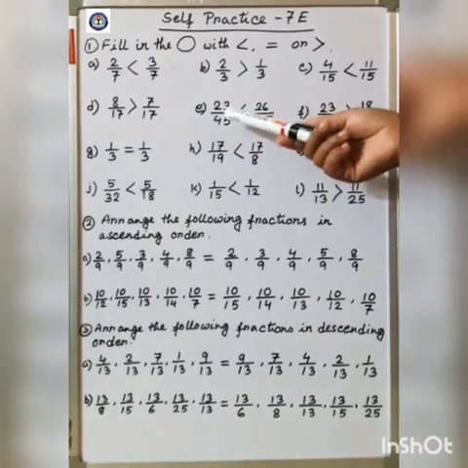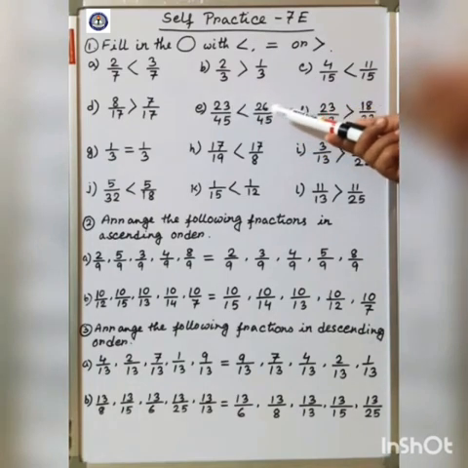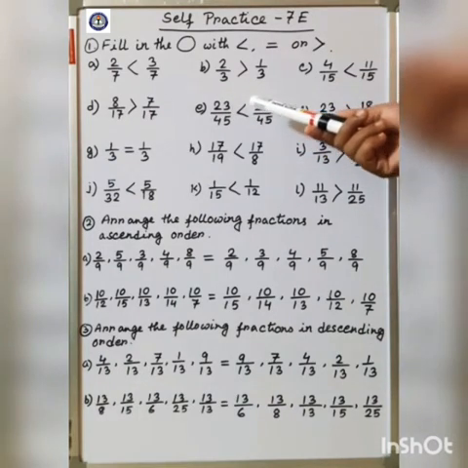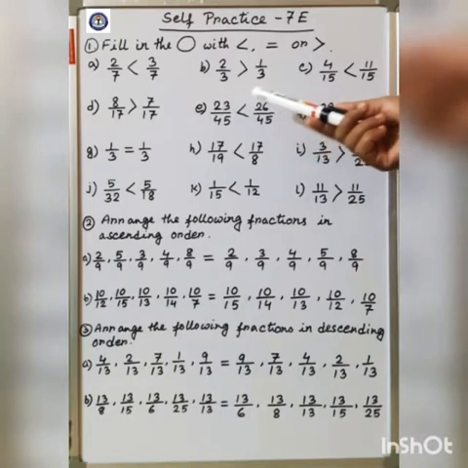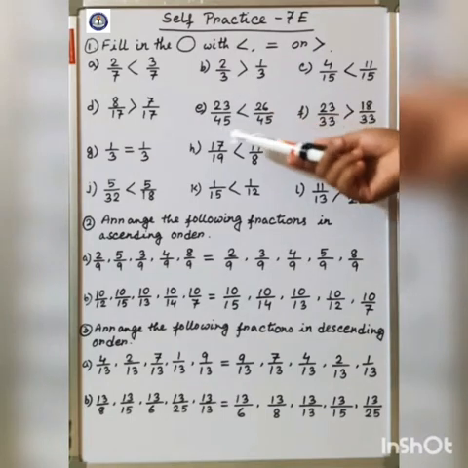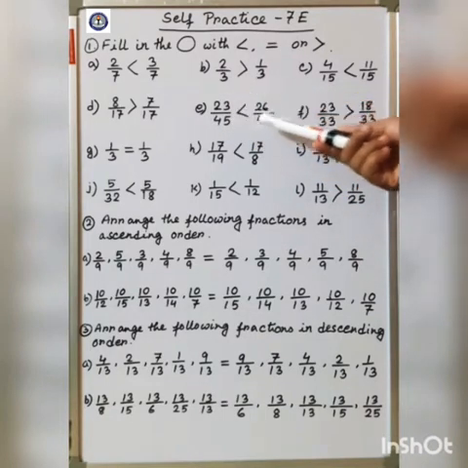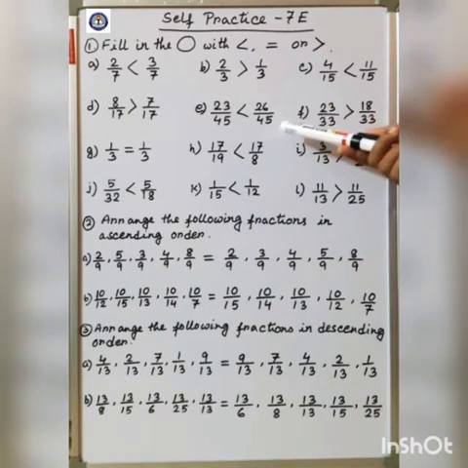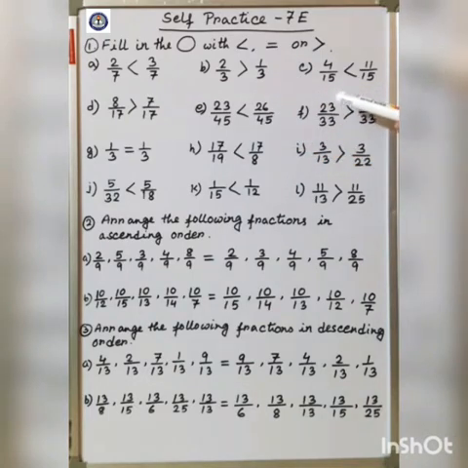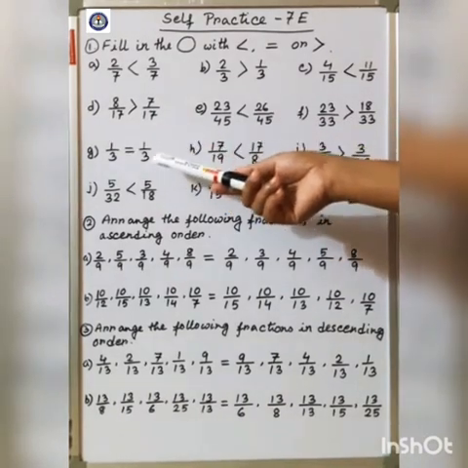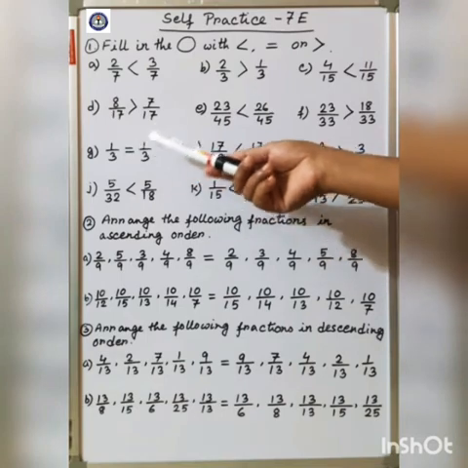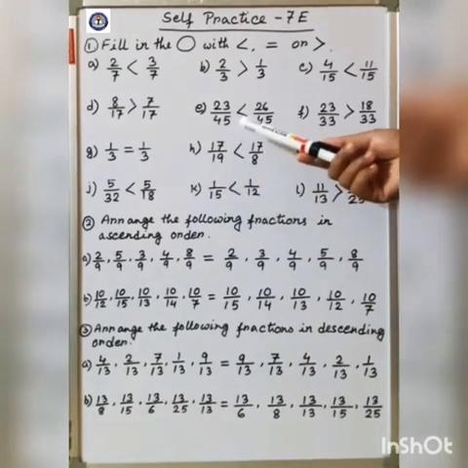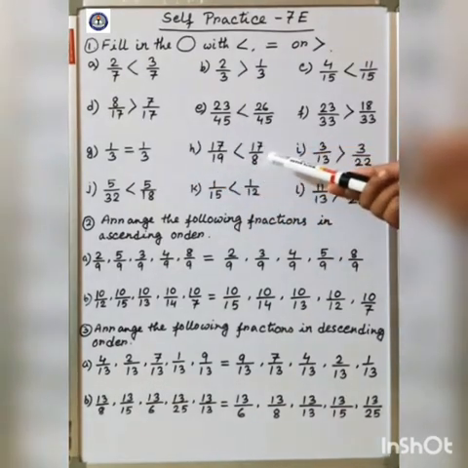And 23 is less than 26, therefore the fraction 23 by 45 is less than 26 by 45. Next, 23 is greater than 18, therefore the fraction 23 by 33 is greater than 18 by 33. Next is 1 by 3 and 1 by 3, and both are the same, therefore 1 by 3 is equal to 1 by 3.